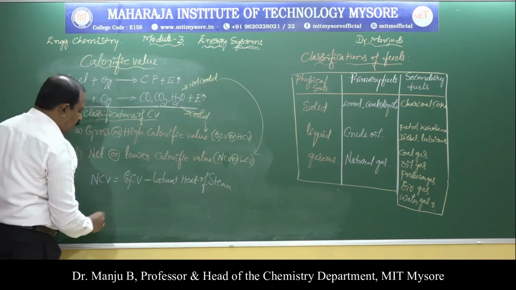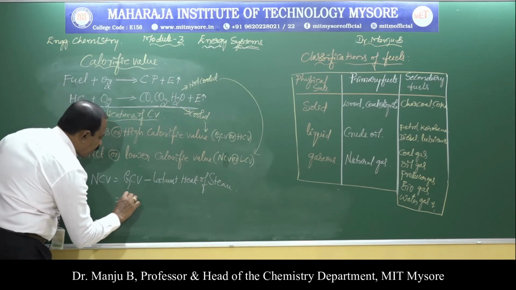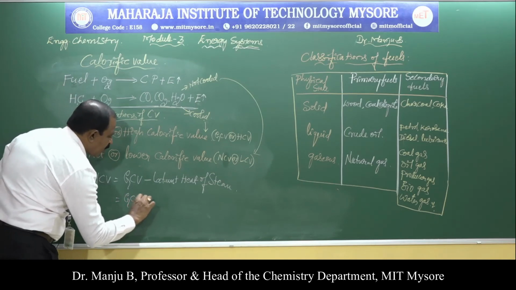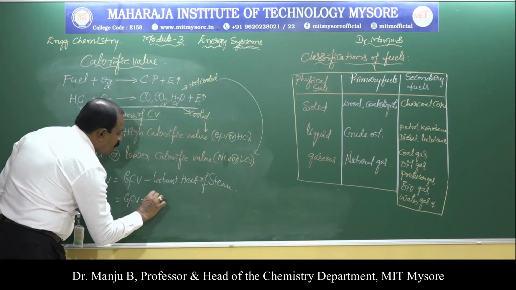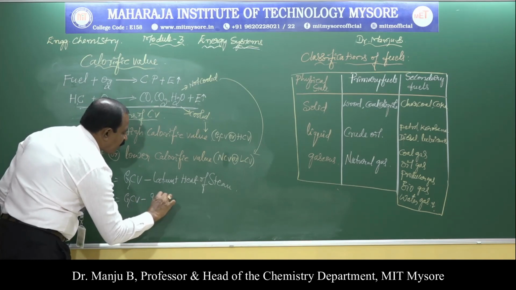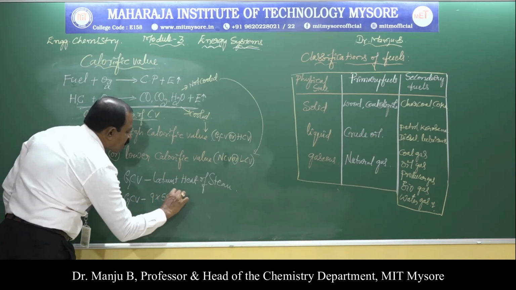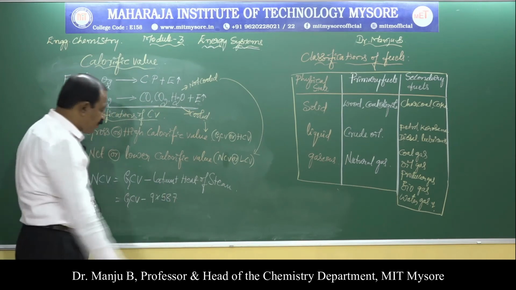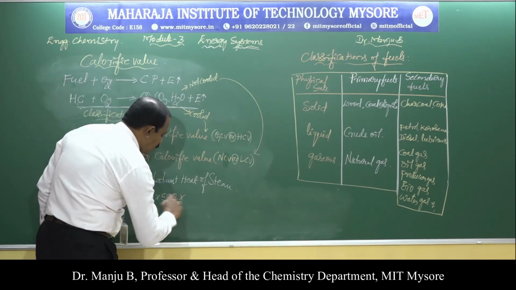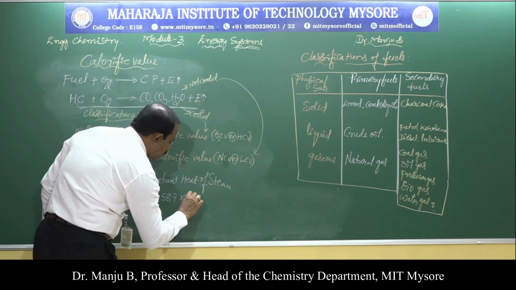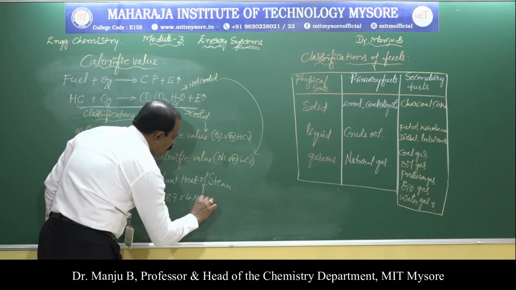How can you calculate the latent heat of steam? The standard equation is GCV minus 9 into 587, because 1 gram of hydrogen produces 587 calories of energy, and the calorie to joule conversion factor is 4.187.